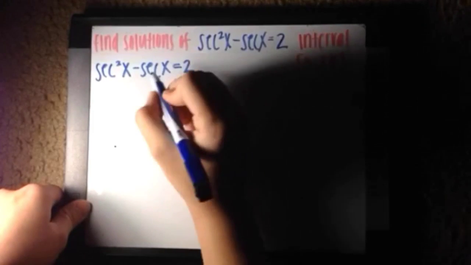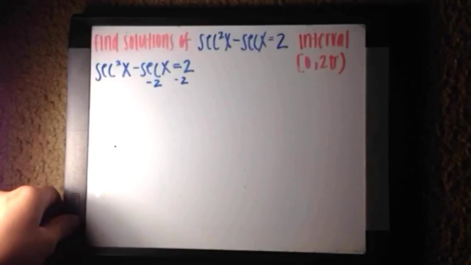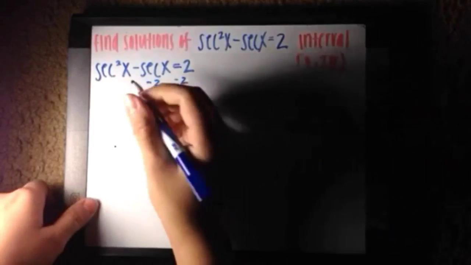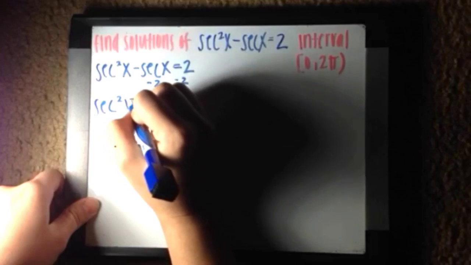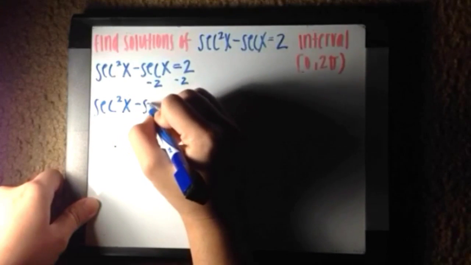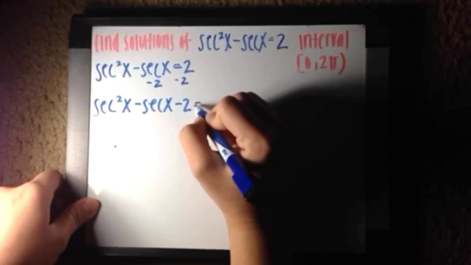First, we are going to subtract 2 from each side so that we can get secant squared x minus secant x minus 2 equal to 0.